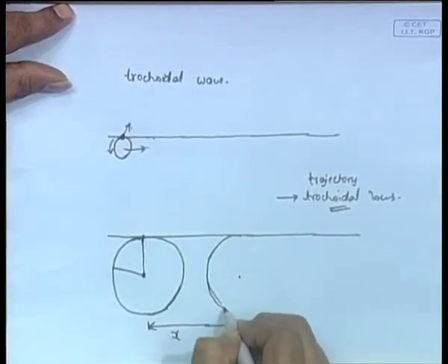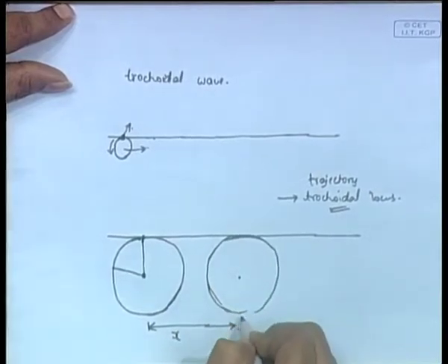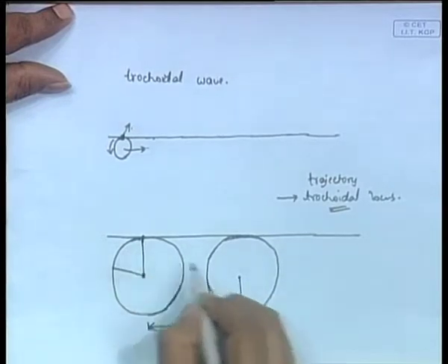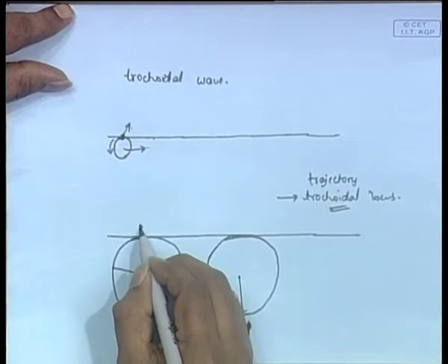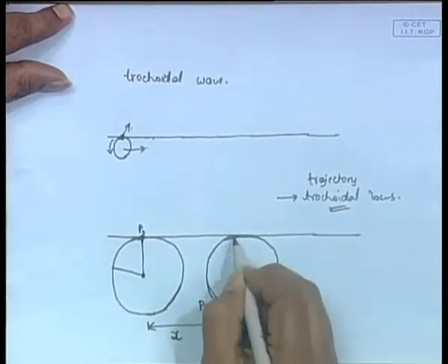The same ring or circle has rolled by this much distance x. The center has moved by a distance x as a result, and in the time that the center moved a distance x, this particle, which is initially here, P0 is the initial position of the particle, and the particle is now at P1.